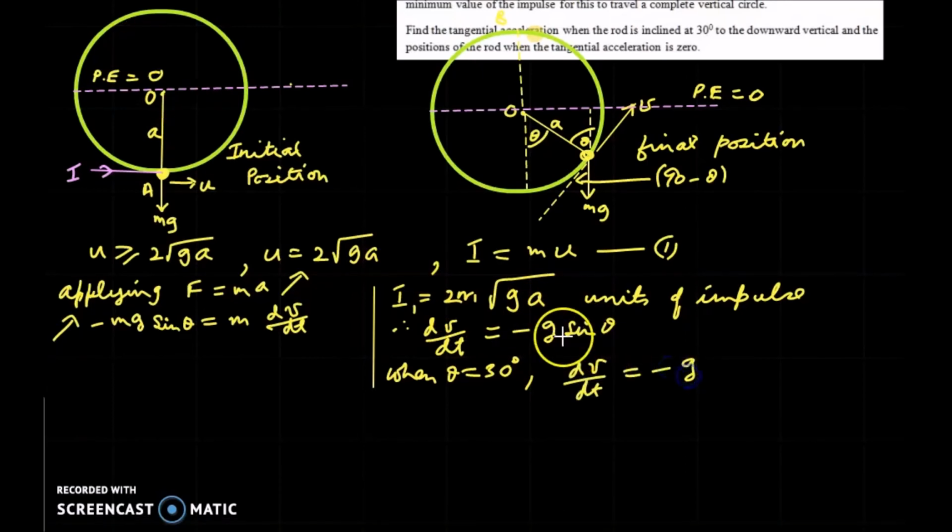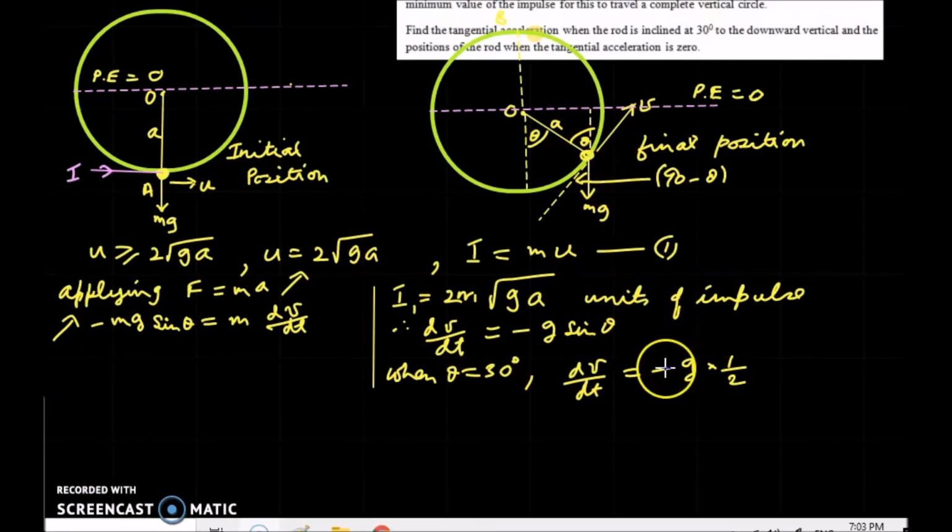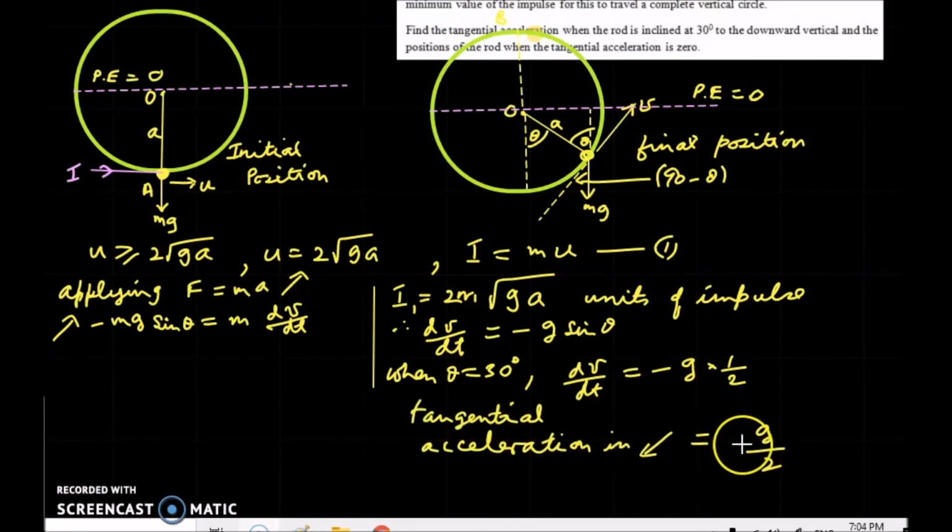What is sine 30? 1 by 2. That is minus g by 2. This is the tangential acceleration in the direction of v. In the opposite direction, it is g by 2 units of acceleration.